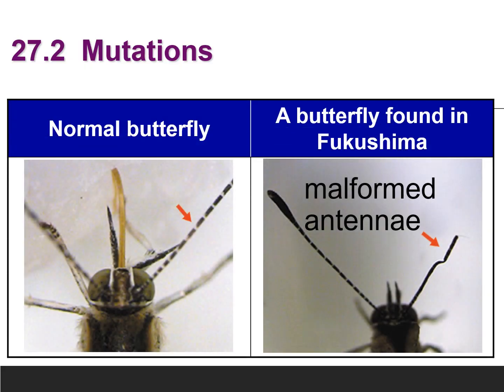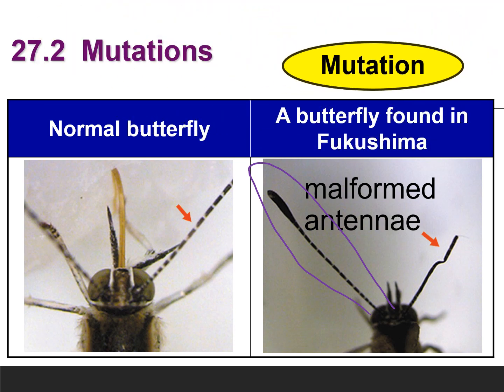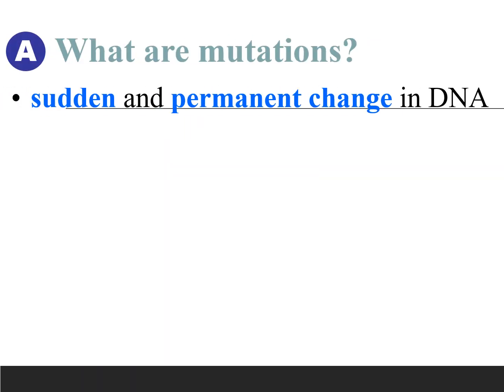Another example of mutation in Fukushima includes the formation of very weird antennae in the butterflies in Fukushima after the leakage of radiation.